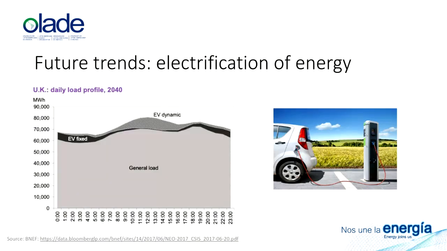Something that's also interesting to point out is that we are going into a trend of electrification of the energy consumption. Of course, you can think of electric vehicles, but also in many of our countries, there's a big growth in climatization, air conditioning in particular, for example, or heating that's turning to the electrical side from other fuels.